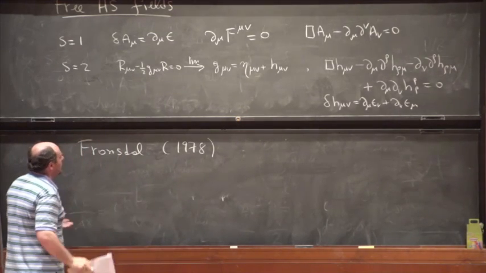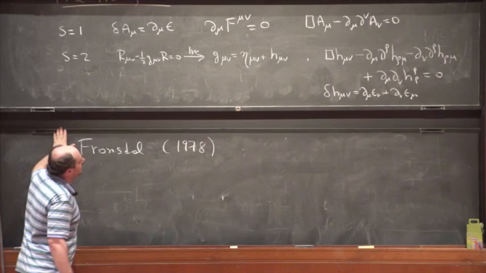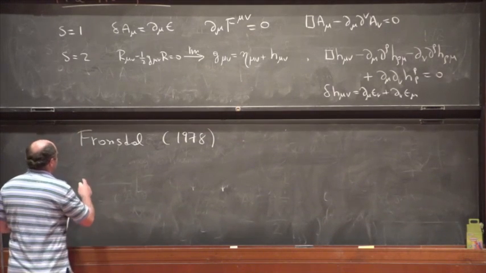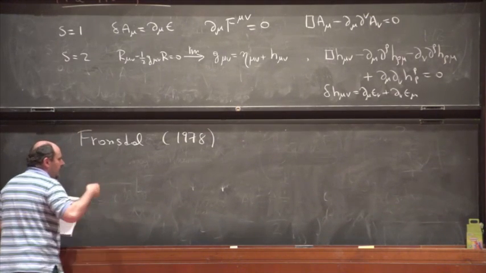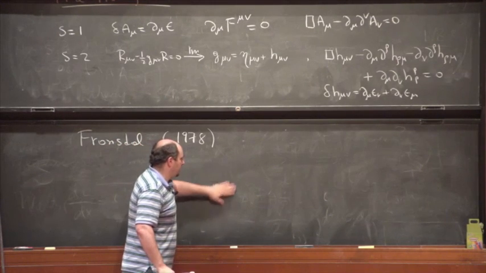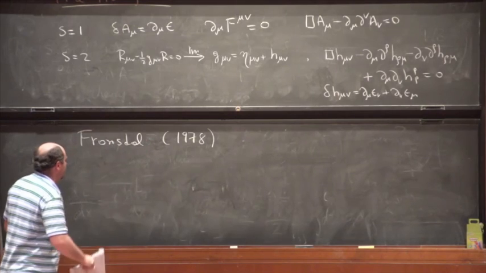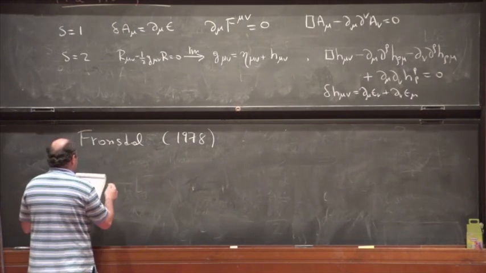So to write down gauge invariant equations of motion and a Lagrangian for higher spin fields, Fronsdal, well, I'm not going to derive this. He derived this starting from taking the massless limit of massive higher spin particles. I'm just going to give you the result.